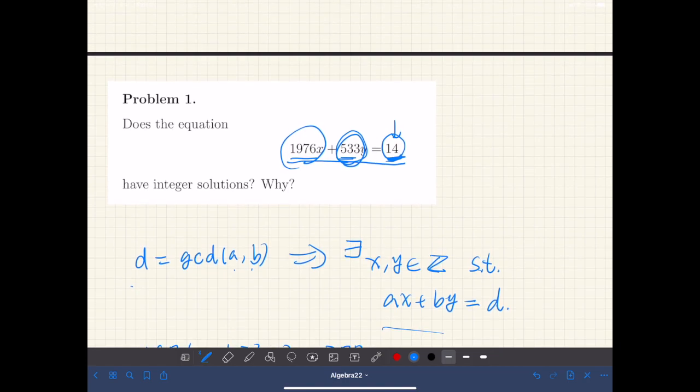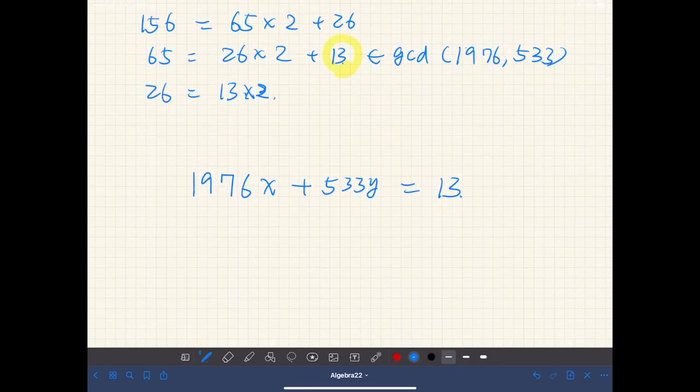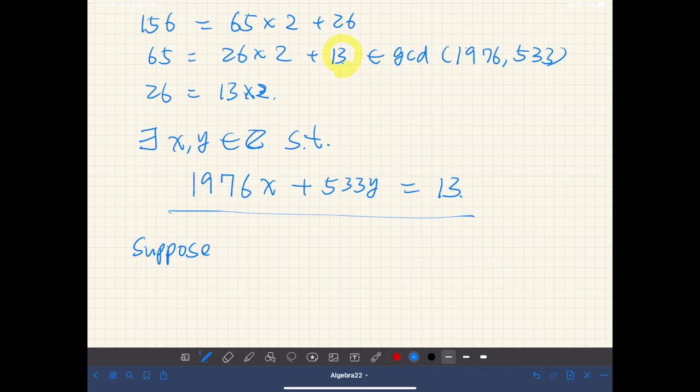Now compare this with the given equation. The right hand side is 14 instead of 13. Suppose we have integer solutions of the given equation.